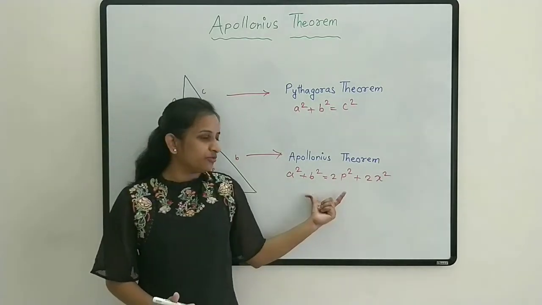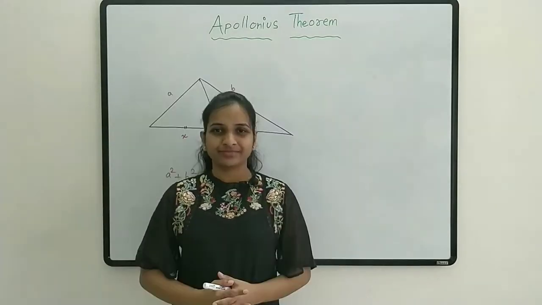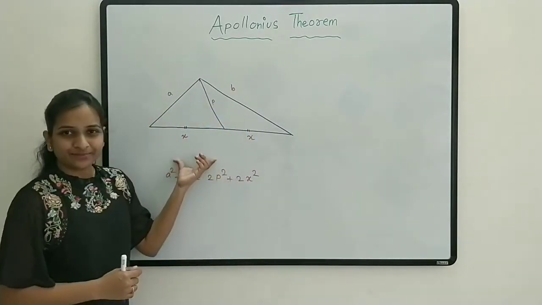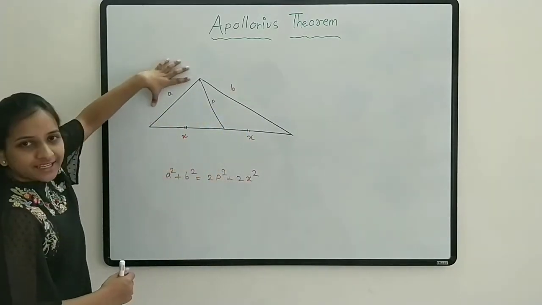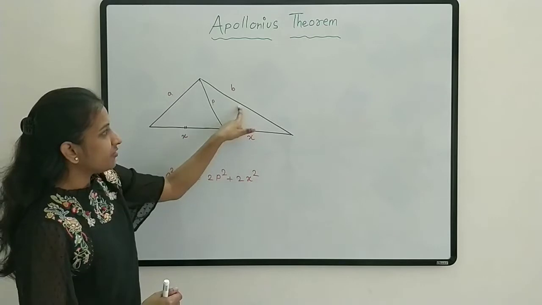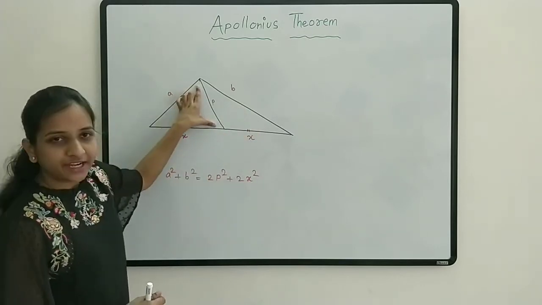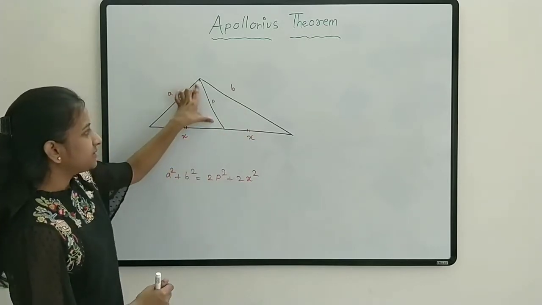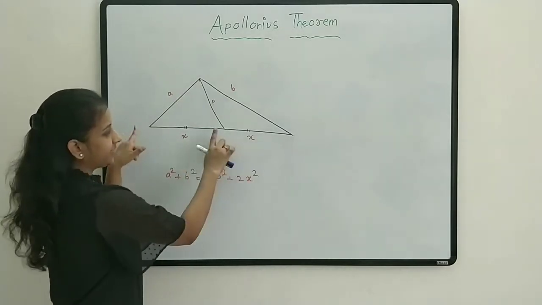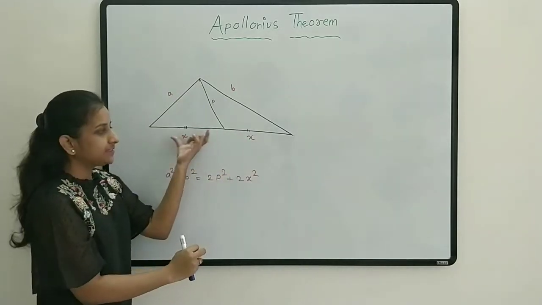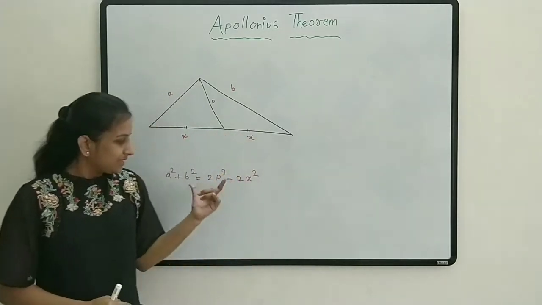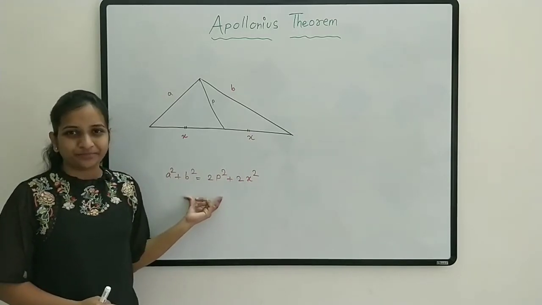Now let's see the proof of Apollonius theorem. Consider this triangle. Here this side is of length A, this is of length B. This is the median of length P. This median divided the third side in two equal parts, X and X. Okay, let's prove this Apollonius theorem.